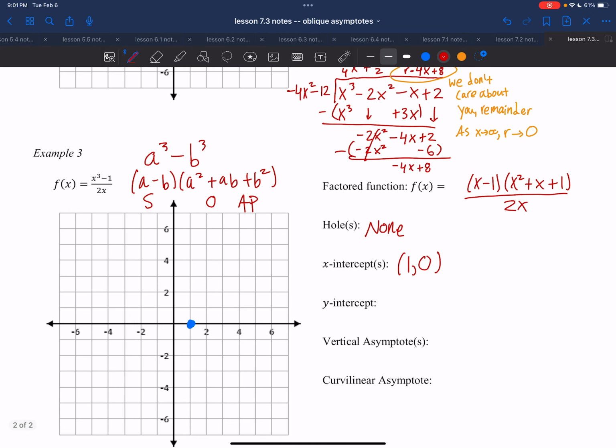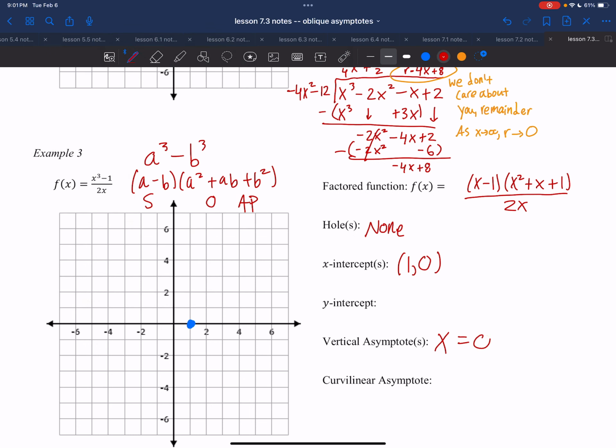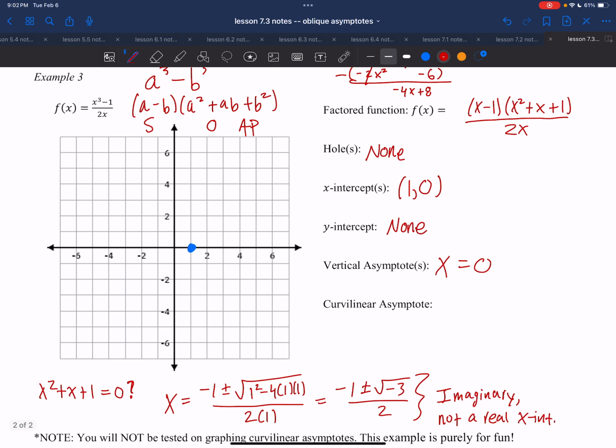For the y-intercept, well, I'm actually not going to have one, because if I make x 0, I make the denominator 0, and that's actually an asymptote. So incidentally, I have a vertical asymptote at x equals 0, which means I have no y-intercept. So I'm going to have a vertical asymptote here at 0. Now, let's analyze the slant asymptote on this one, right?